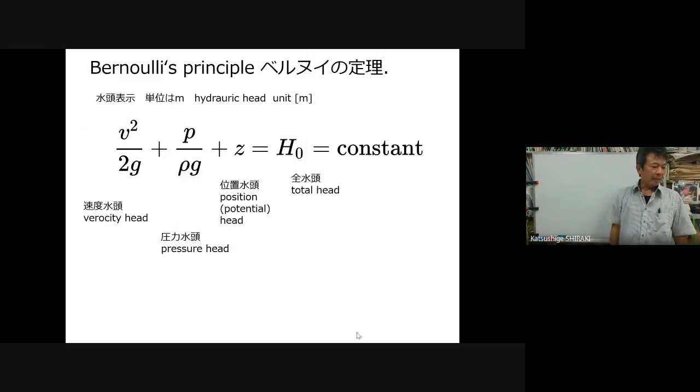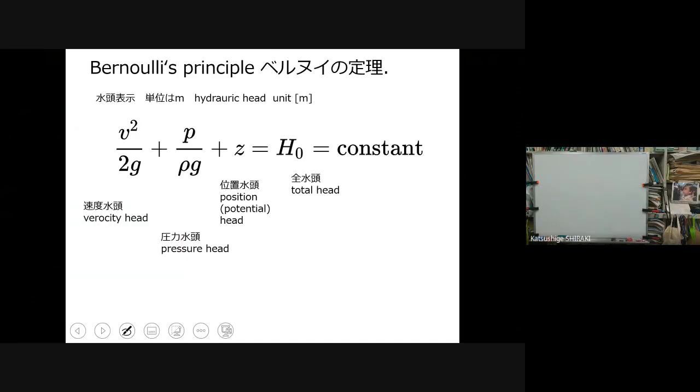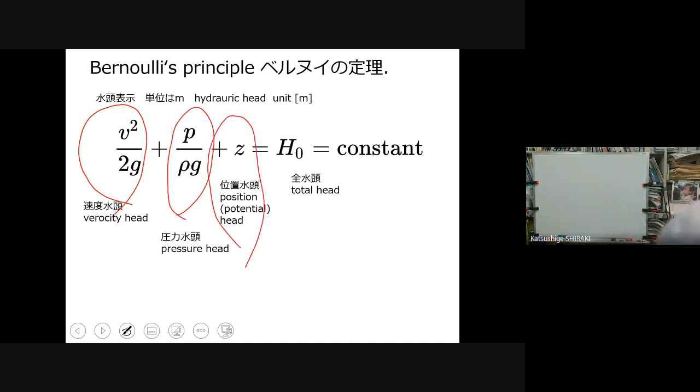This is the Bernoulli principle, and this is a kind of energy conservation law. It shows the velocity energy from the movement, the pressure, and the position itself, the gravitational position.